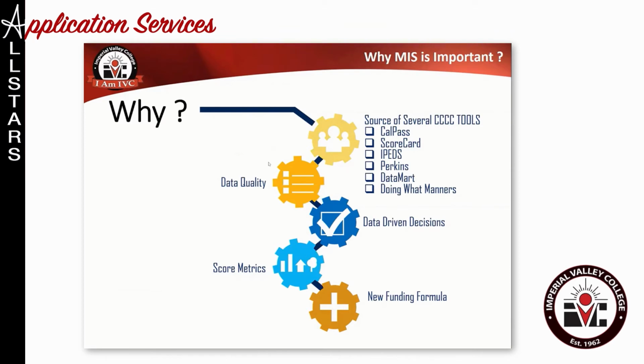They usually check the data, and they have a check mark for data quality. Based on this information, they decide to use it for the funding formula or for data-driven decisions as well. And they also create core metrics. All of this is part of the Chancellor's Office website.